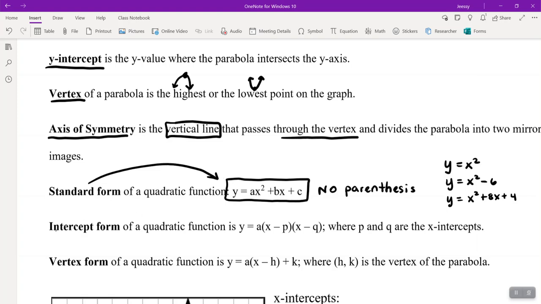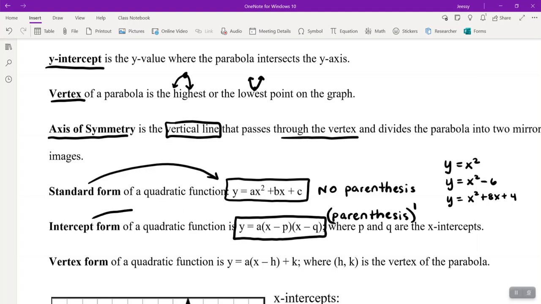Intercept form is this one, and it's when you have parentheses raised to the first power. All of your parentheses are going to be to the first power, whether you have 1 set of parentheses or 2 sets of parentheses.